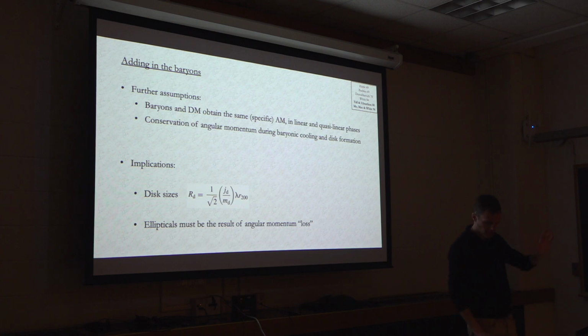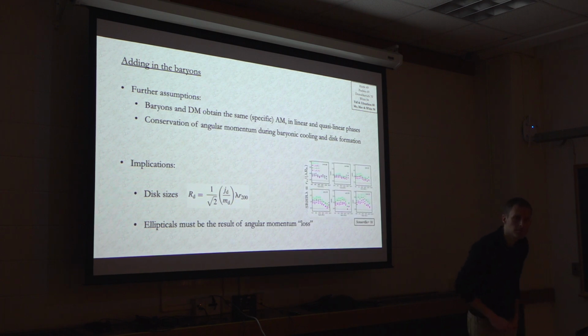So these are the basic assumptions for the simple theories of disk formation. You can infer from this that there would be a relation between disk galaxy size and halo size, and the proportionality between them is essentially the spin parameter.